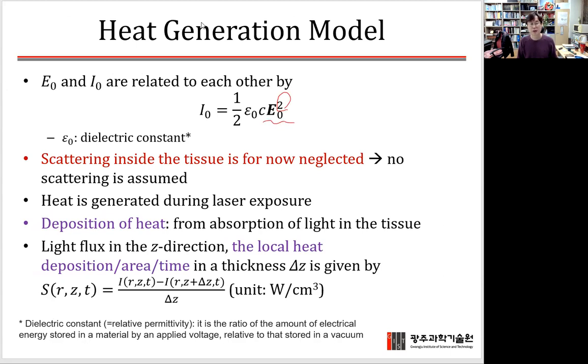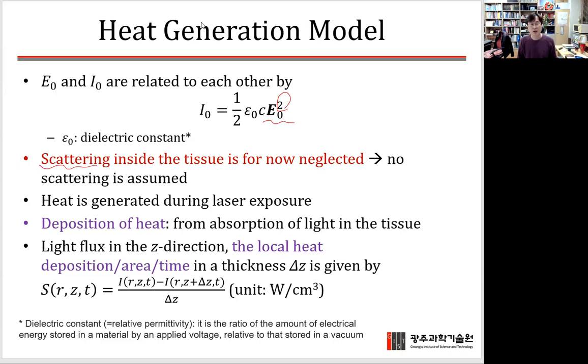For this heat generation model, we are ignoring the scattering property of the tissue, because scattering changes the direction of the light propagation in the tissue, and accounting for all those changes in direction would be really difficult when making the model. So at this moment, the scattering has been assumed to be 0.